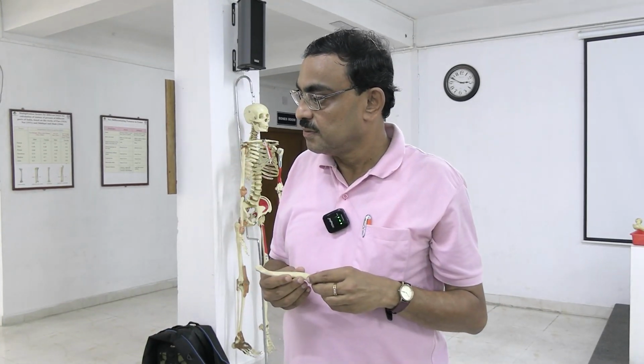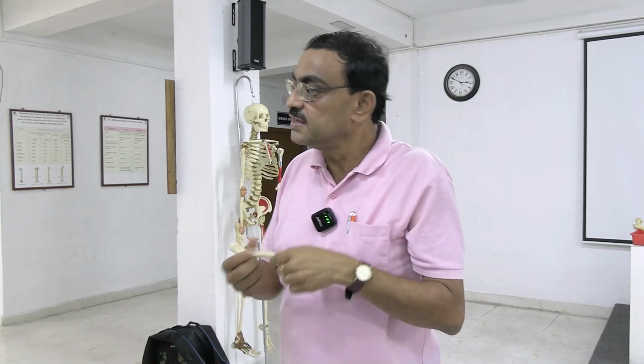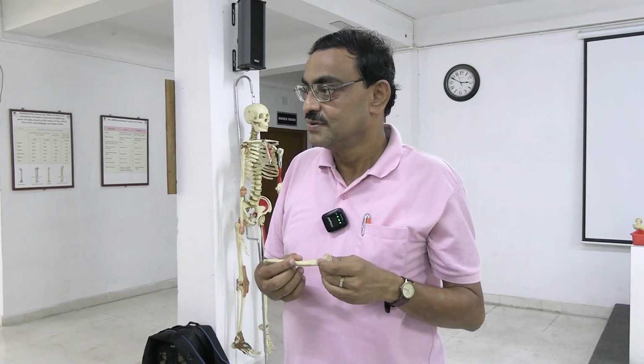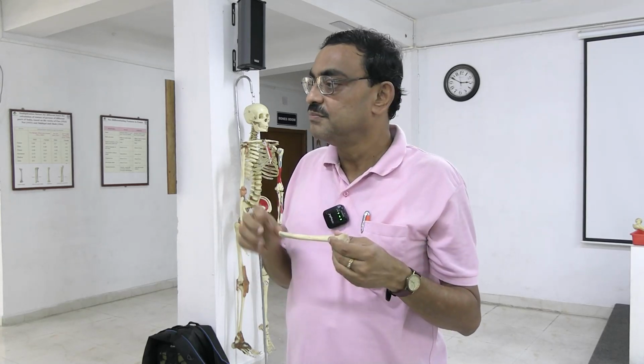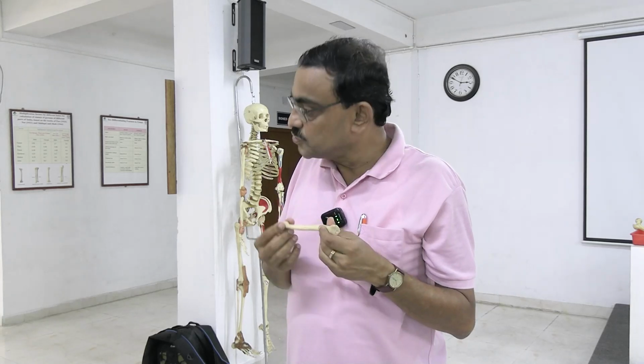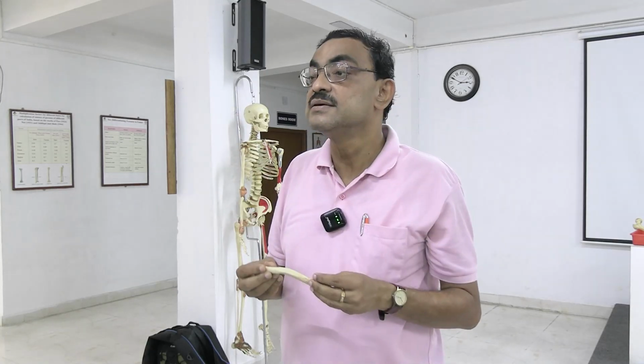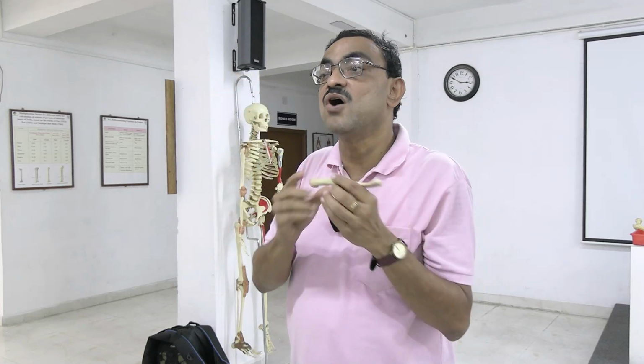So it bears the weight of the upper limb. So this is a long bone. It has length more than the breadth. It also bears the weight of the body, so it is a long bone. But because it is dispersed horizontally, this is called a modified long bone.